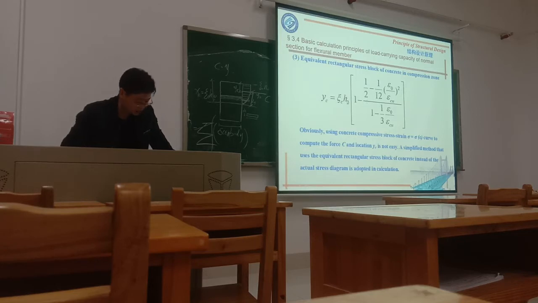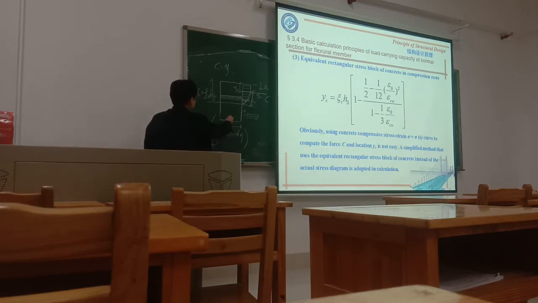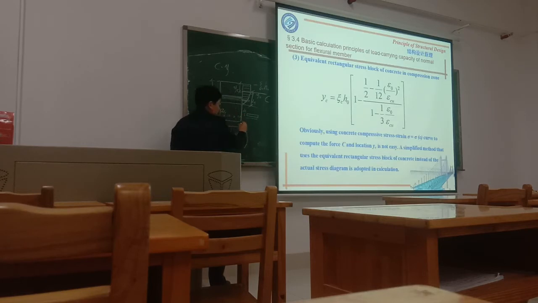Normally we know the height of the section H, and H0 normally equals H minus AS. And the AS, what I said last time, normally is the center of the reinforcement to the edge. If there are many layers, it is the center of them to the edge.